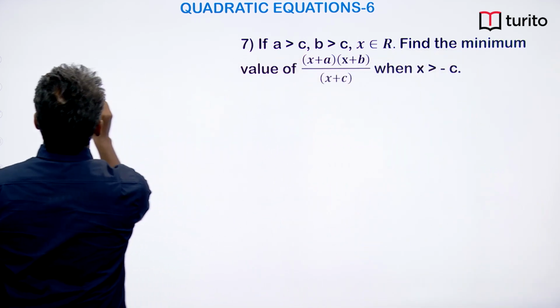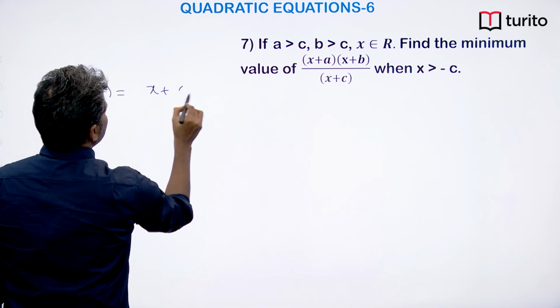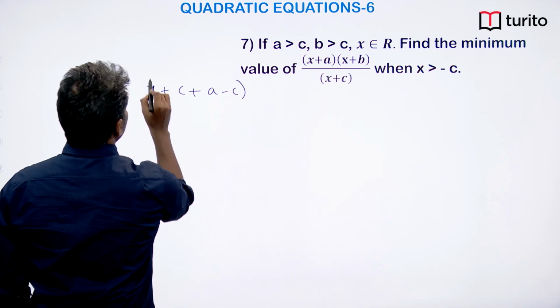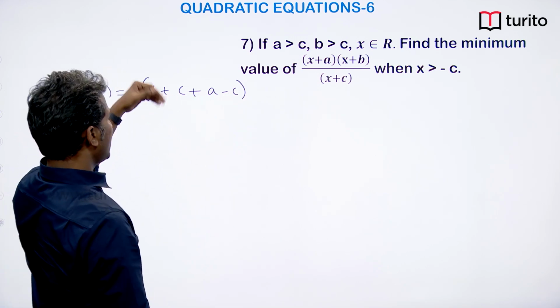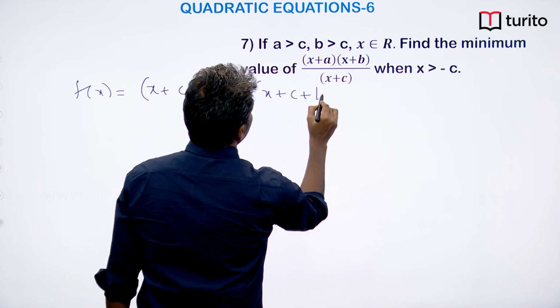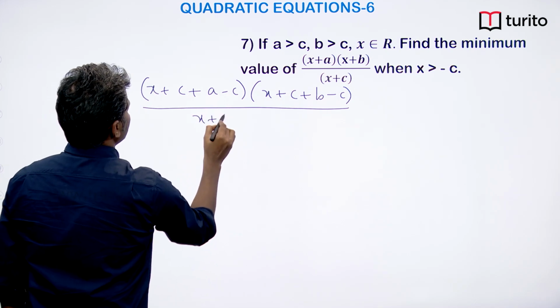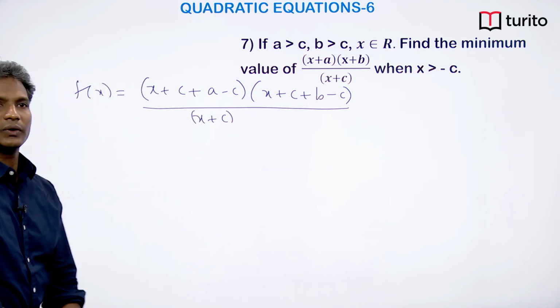So I will just write this function f of x as x plus c plus a minus c. This is my first factor. See, I just added c and subtracted c, into x plus c plus b minus c, divided by the denominator, which is the x plus c term. Okay.